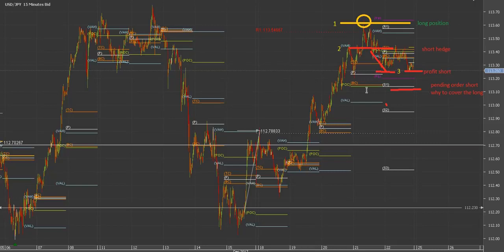So you took profit, right? But because you took profit here, you still got to cover this long just in case the market continues down. So you add, at limit on number 4, a pending short order to cover this long. Now 2 things can happen.